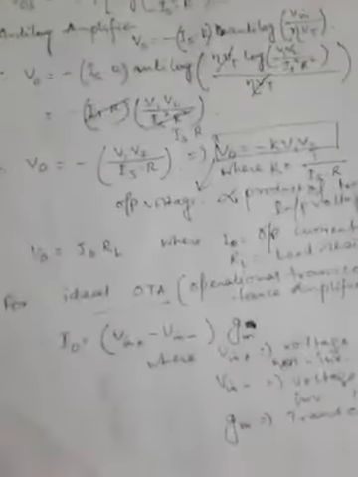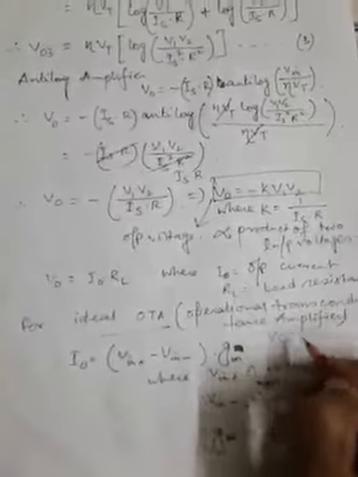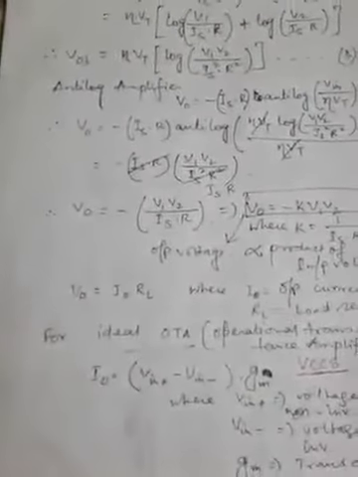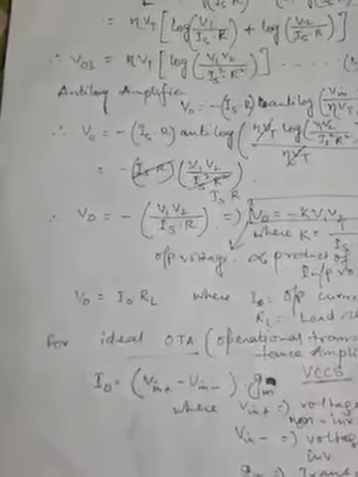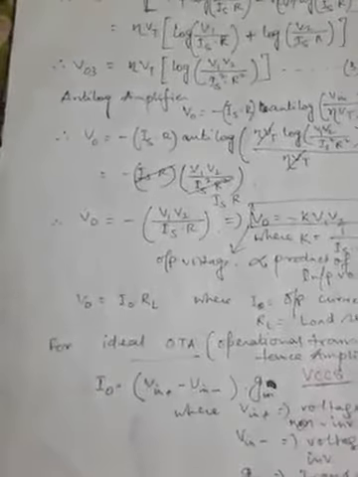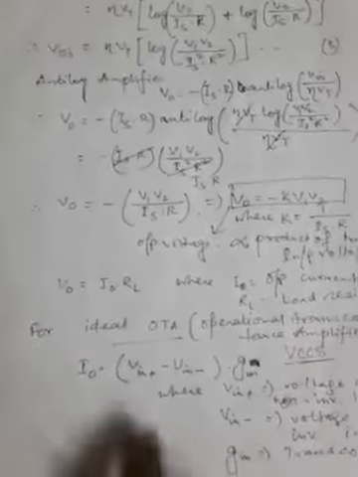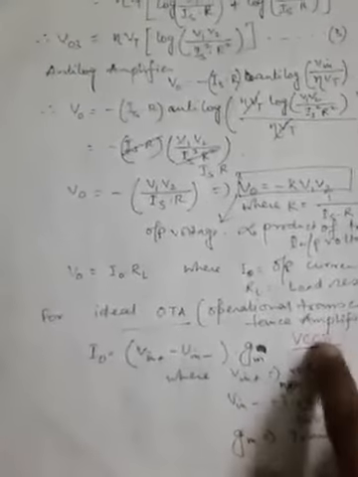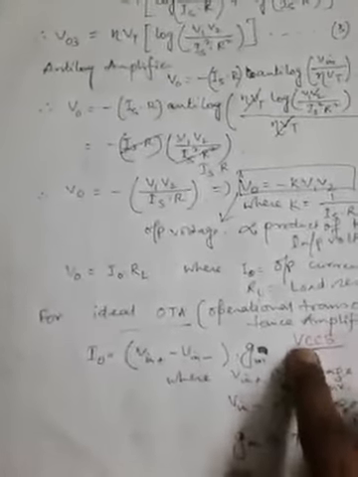As we know, an ideal operational transconductance amplifier is basically a VCCS, voltage controlled current source. Why is it called a voltage controlled current source? It is giving current at its output, which is IO. That's why it is a current source. And why is it voltage controlled?